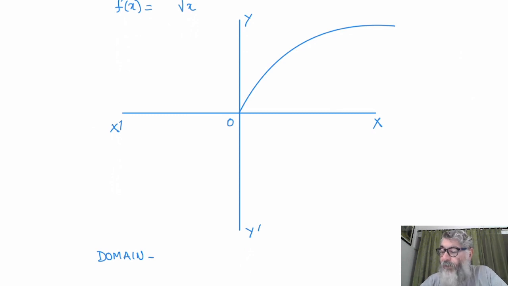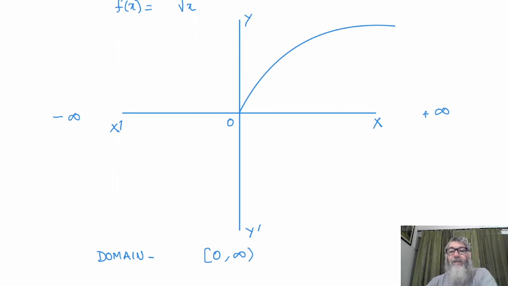That is why the domain starts from 0. It is starting from 0 and going towards infinity, because this is moving towards plus infinity. This side it is negative infinity. So it is going from 0 to infinity. So domain is 0 to infinity.